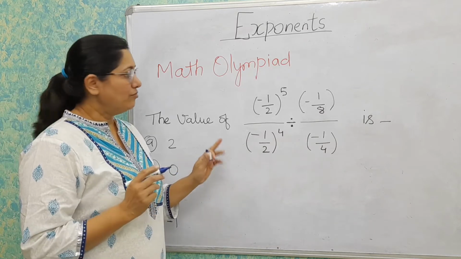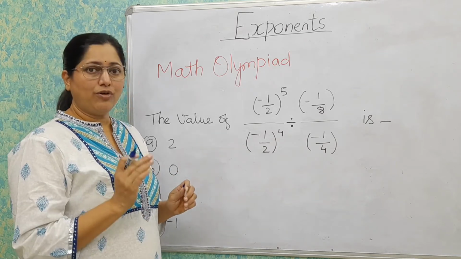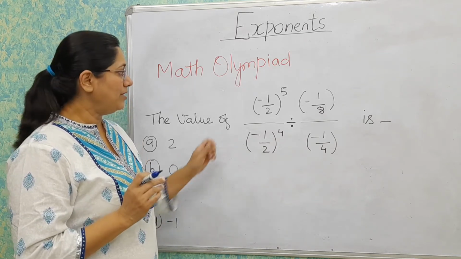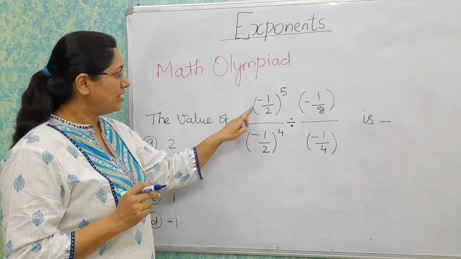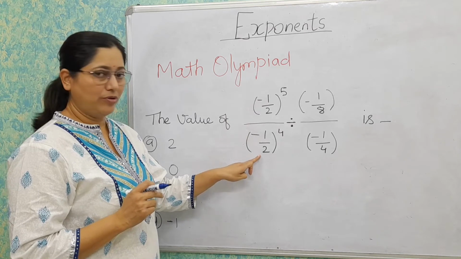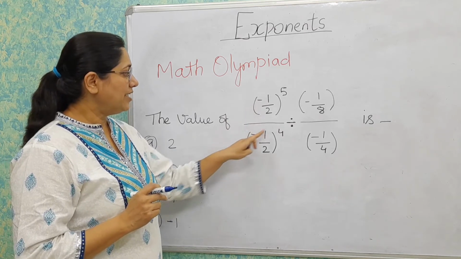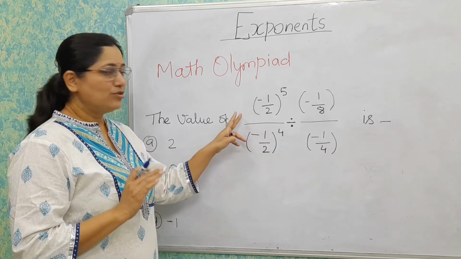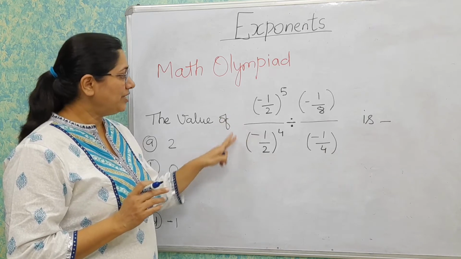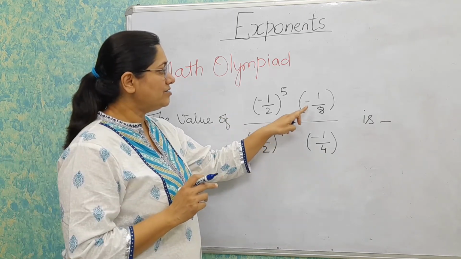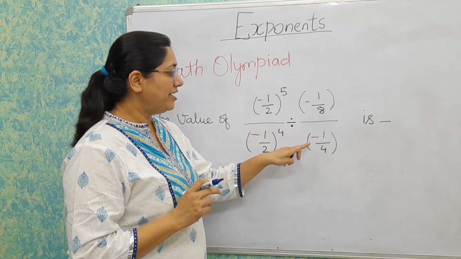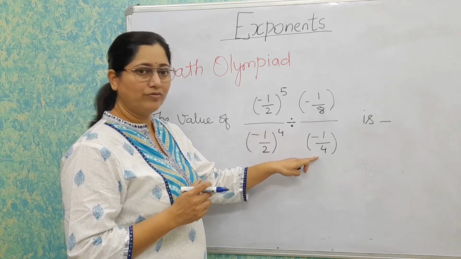So first we will try to find out which law of exponent can be applicable. These two numbers have same bases, minus 1 upon 2 and minus 1 upon 2, and these two numbers are getting divided. So we can apply the law of exponents in this case. But what about this number? This number has minus 1 upon 8 divided by minus 1 upon 4.